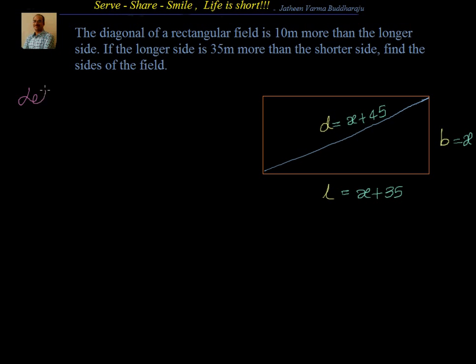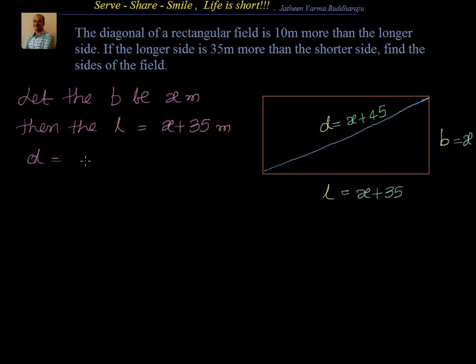Let's write it down here. Let the breadth be equal to x, then the length is equal to x plus 35 meters. Diagonal D is given as 10 meters more than the longer side, so that is x plus 35 plus 10, that's equal to x plus 45.